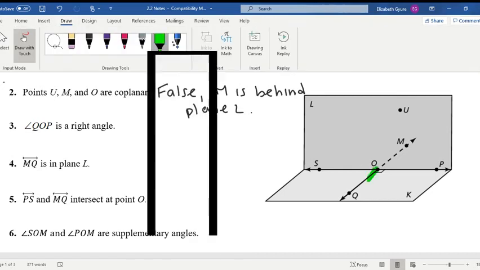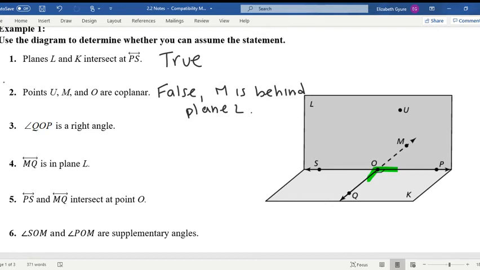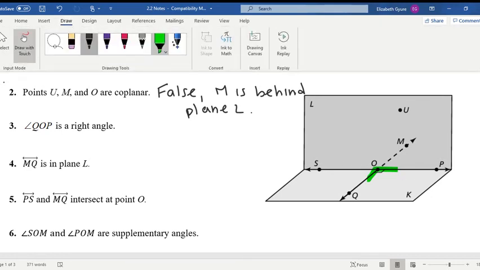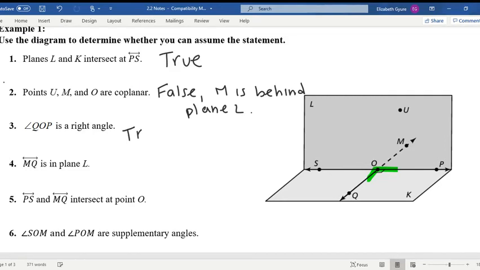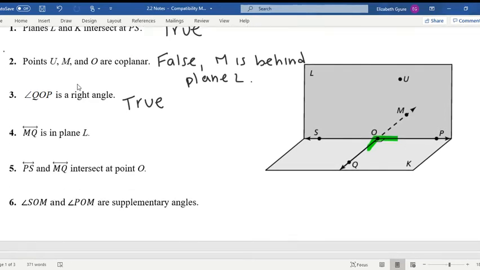So here's angle QOP. If you take a look at your diagram here, I see a little right angle box. That right angle box is going to indicate to us that we have a right angle here, right? These lines are perpendicular. So that is a yes for this one, or true. If that right angle box was not there, we would not be able to assume.